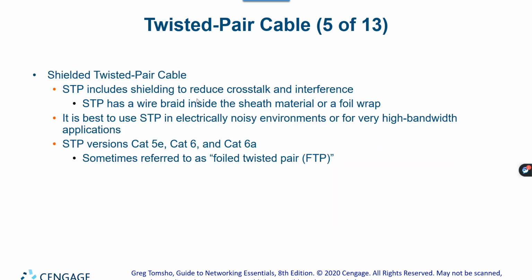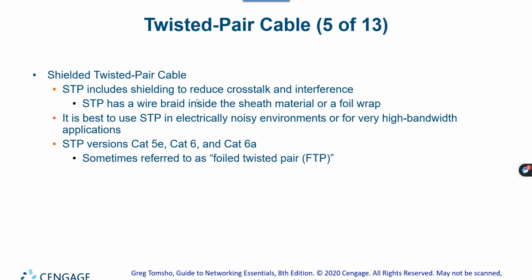Shielded twisted pair cable includes shielding around the cable to reduce the crosstalk and interference. It typically has a wire braid inside, or a foil wrap. The wire braid is usually grounded at the ends to pull away interference. It's best to use shielded twisted pair in noisy environments or with very high bandwidth applications.